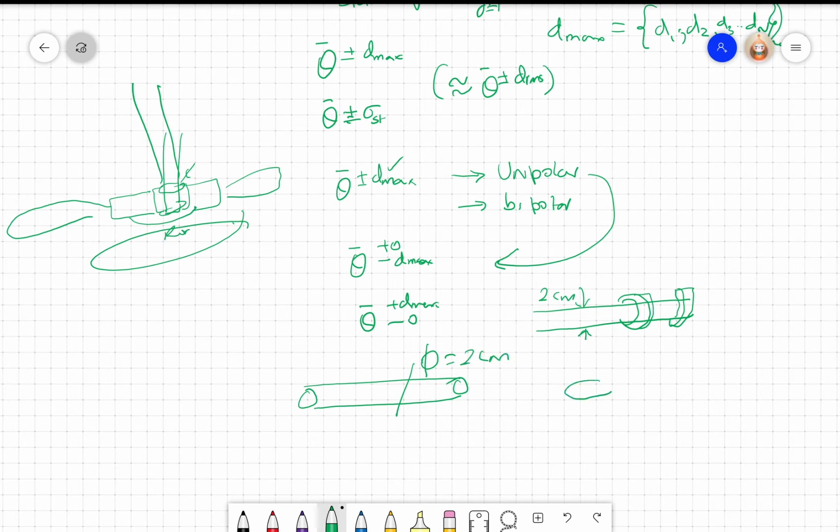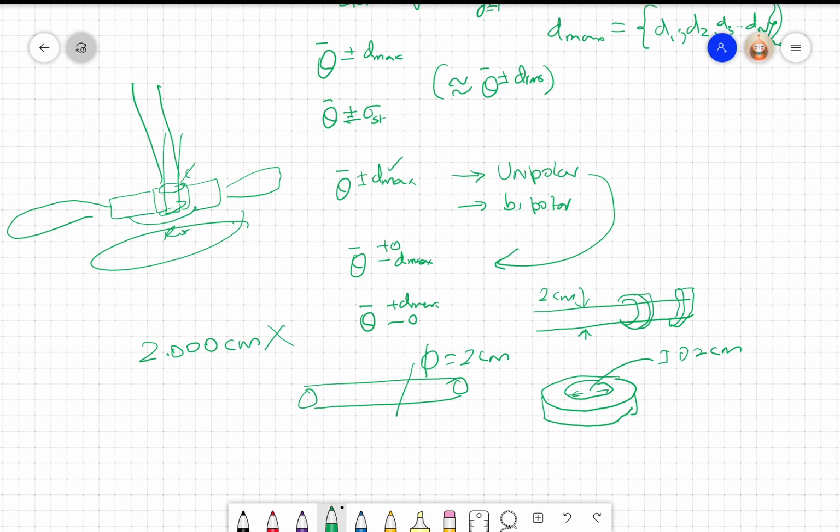Similarly, I have the bearing. Of course, inner diameter must be 2 centimeters. But when a manufacturer makes, there is no way he can make exactly 2 centimeters. Is it possible to make 2.000 centimeter? Not possible, right?